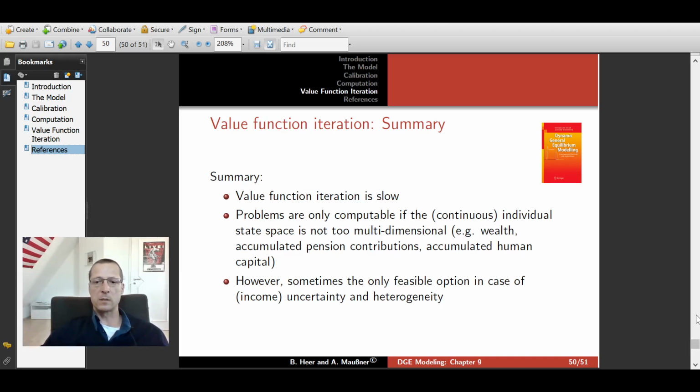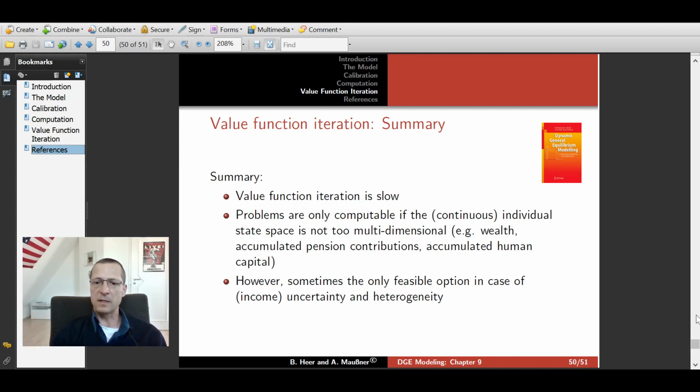Or if we look at a model with endogenous human capital, some people might go to high school, others to universities, others do a PhD or postdoc research, and then you earn experience while you're working. So you accumulate human capital, and this might also become an additional state variable.